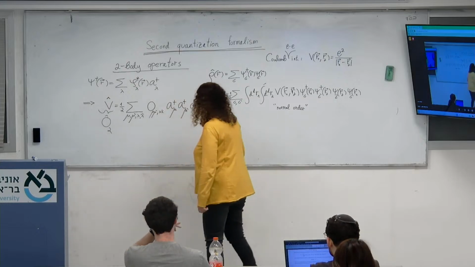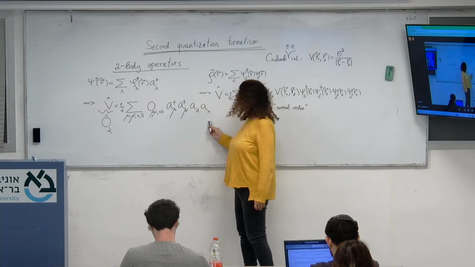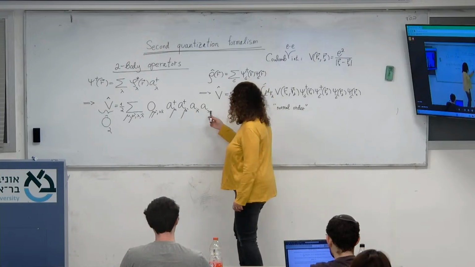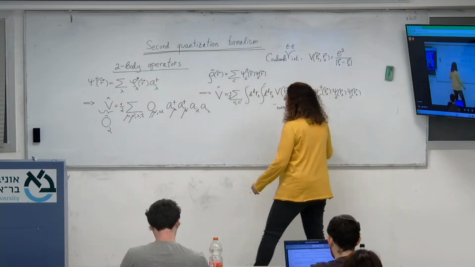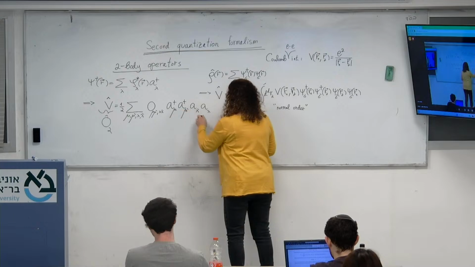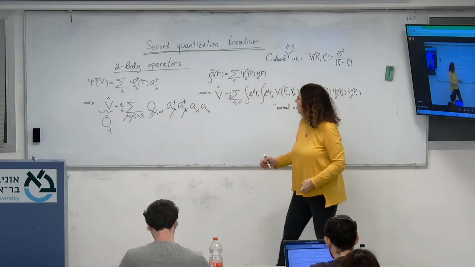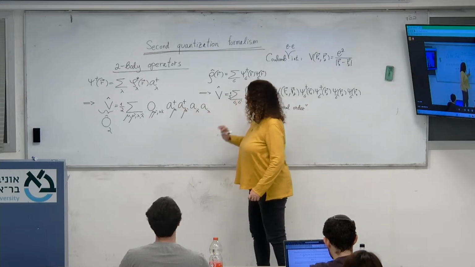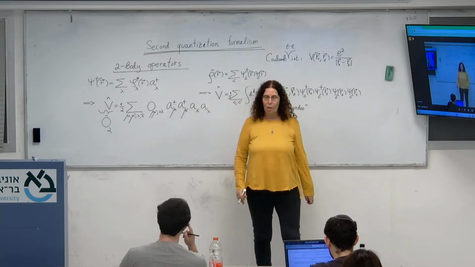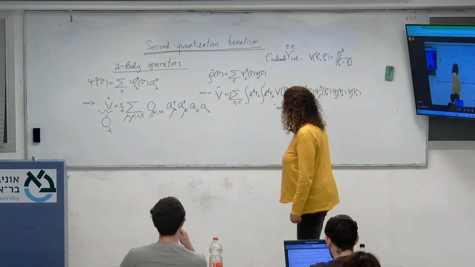Okay, and please notice the order of the indices, which keeps track of the fact that the lambda and the mu are actually starting from the same density operator, but I reshuffled it here. Okay, so this is just the most standard way of writing it.